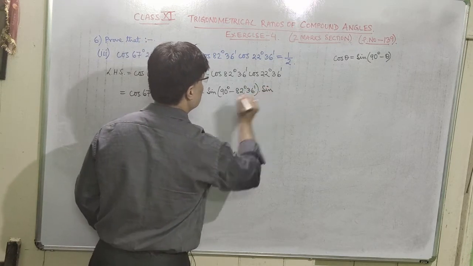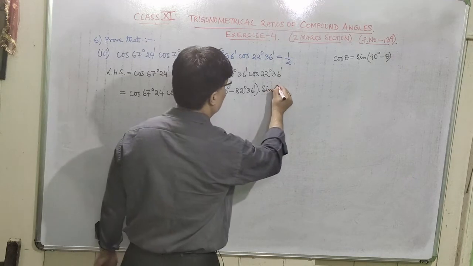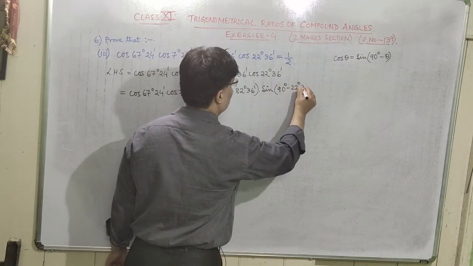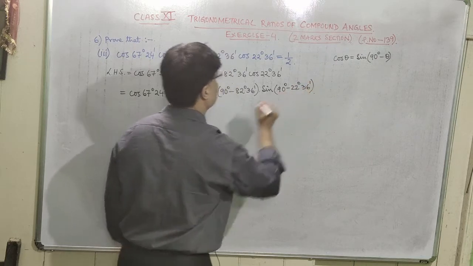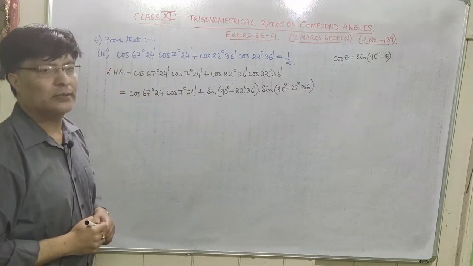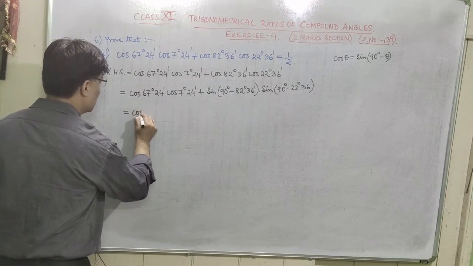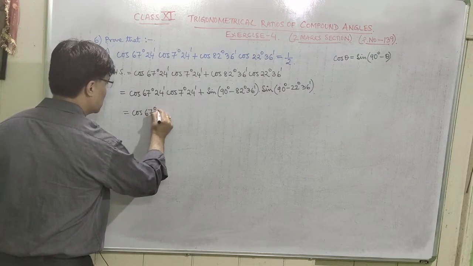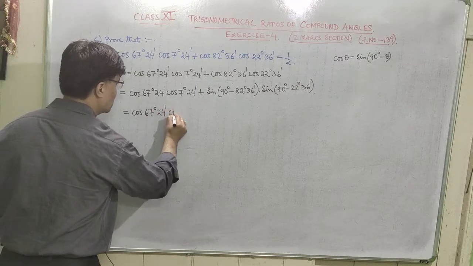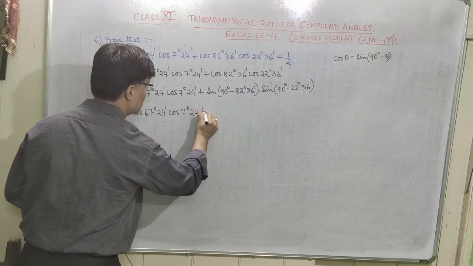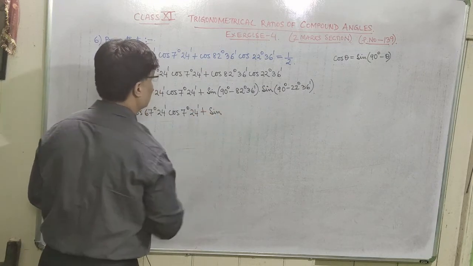Again this cos is changed into sine by writing sine of 90 degree minus 22 degree 36 minutes. So is that clear? So let us simplify it, which is equal to cos 67 degree 24 minutes cos 7 degree 24 minutes plus sine.